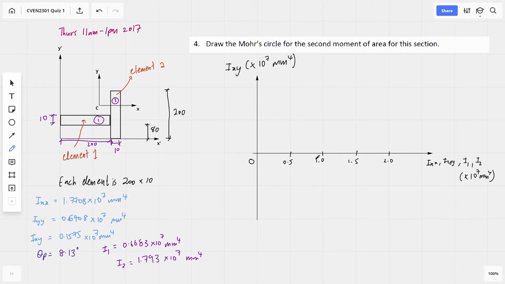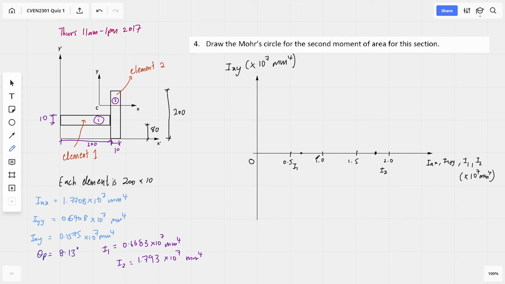I2 is going to be our final point on our circle, so it will be somewhere around here, let's just say. So that is I2, and I1 is going to be 0.66, probably somewhere around here. So 1.79 was here, I2, and 0.66 is now I1, and I plotted it there.